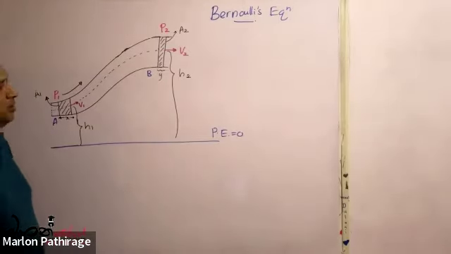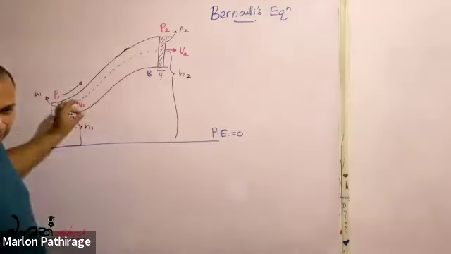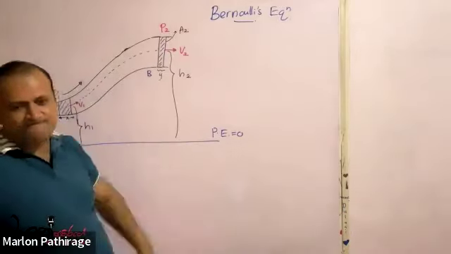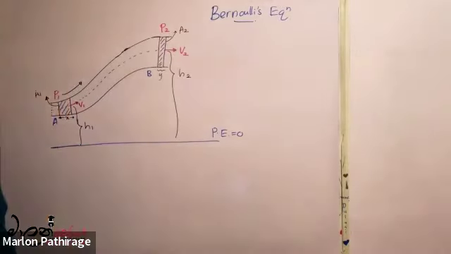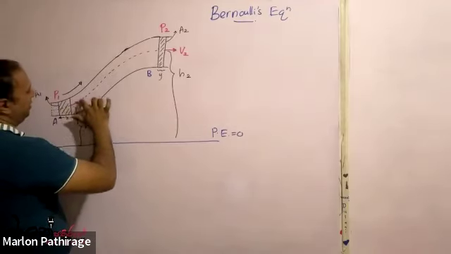You can write the topic Bernoulli's equation, then draw this diagram quickly. This is a flow tube. We call this a flow tube. Actually, I have drawn a streamline here.